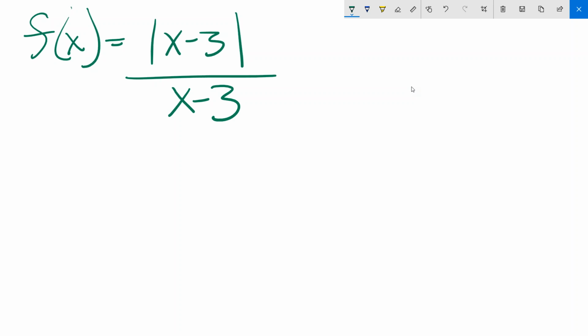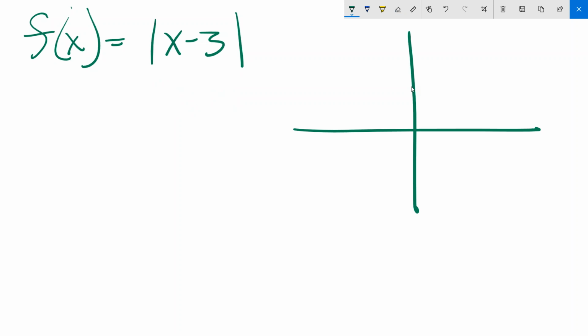Depending on what x is, this, once again, one of the other elementary functions is f of x equals absolute value of x. So let's take this in 2 steps, first of all. Let's assume that was the problem. Well, I know what my absolute value function looks like. That's y equals absolute value of x.